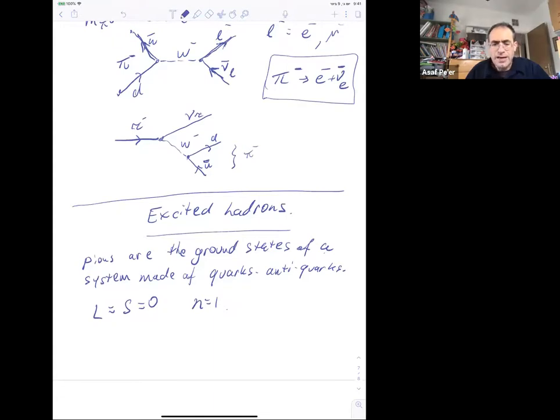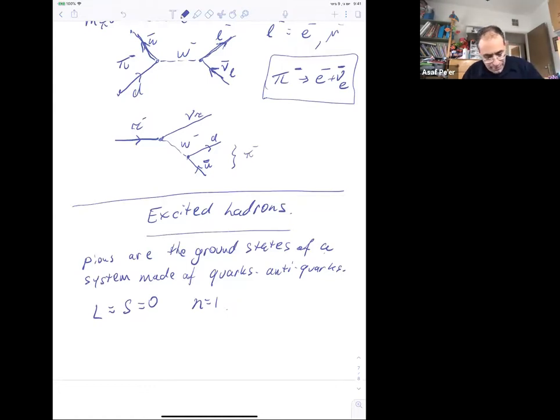So in exact analogy to the hydrogen atom, we can look at this combined wave function of up and down, or up and anti-down, or anti-up and down, right? As a quantum mechanical system, which doesn't have to be in the ground state. It can be in an excited state, right?